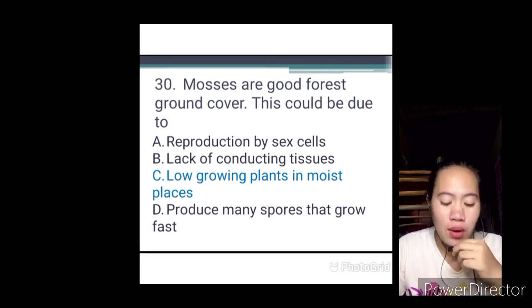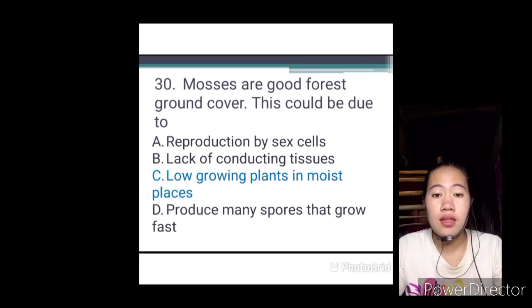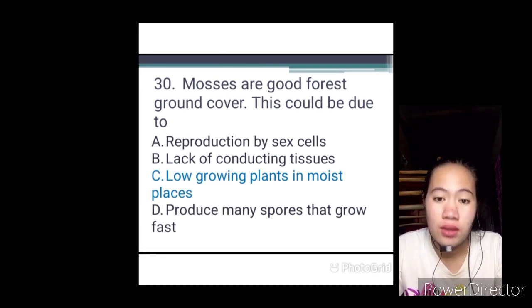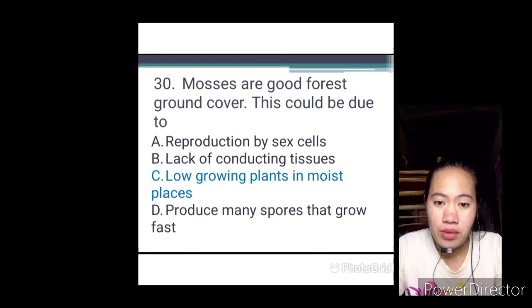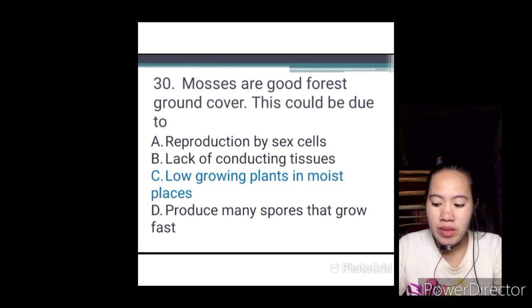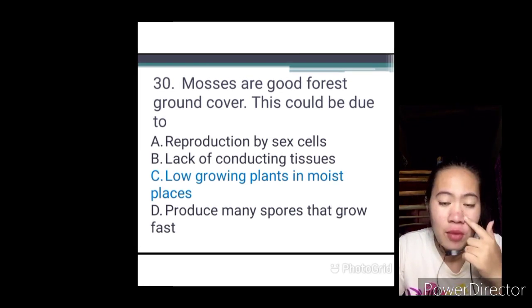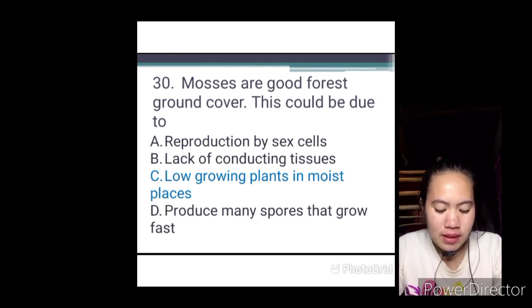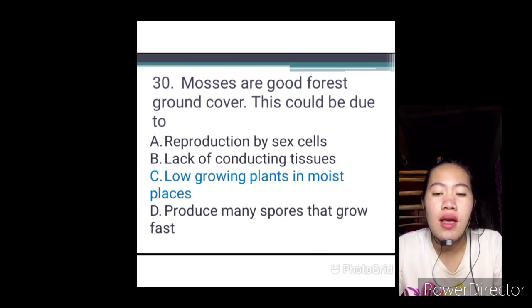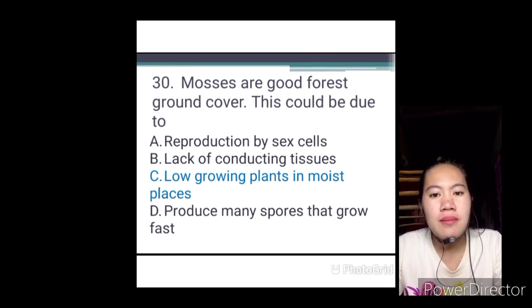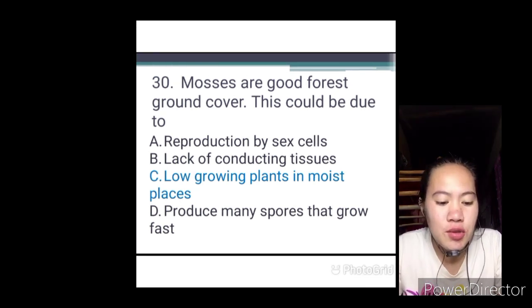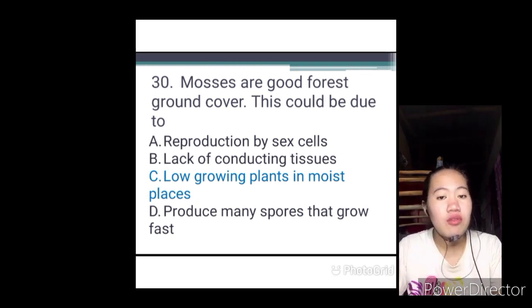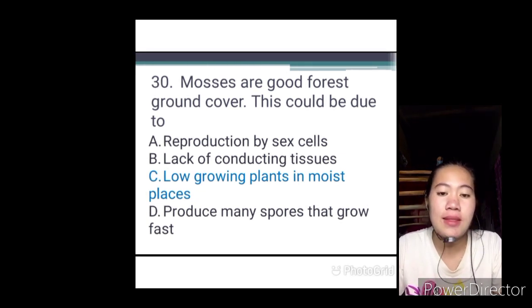B is also wrong. Lack of conducting tissues, because in reality mosses are very good conductors of water. In fact, they avoid soil erosion. So letter D, produce many spores that grow fast. They do, but that has nothing to do with mosses being a good forest ground cover. So the answer is letter C.